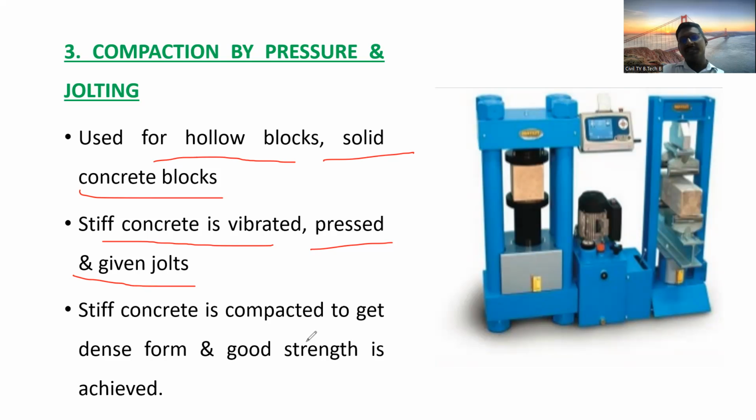So the steep concrete is also compacted, it gets dense, and good strength can be achieved by using this compaction by pressure and jolting method. So this is one of the methods of compaction of concrete.